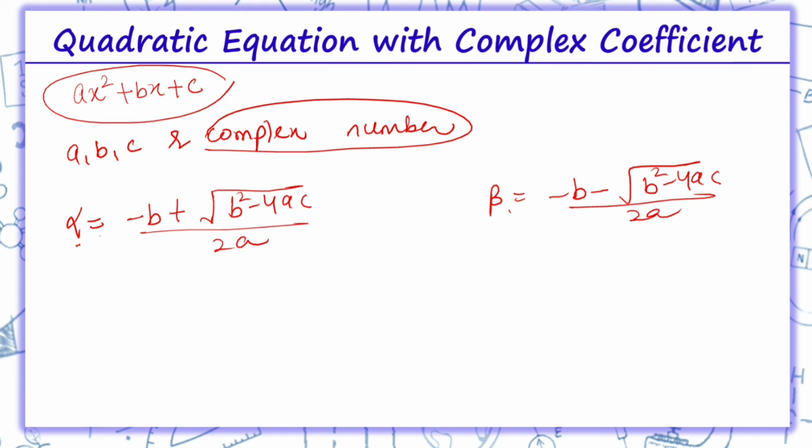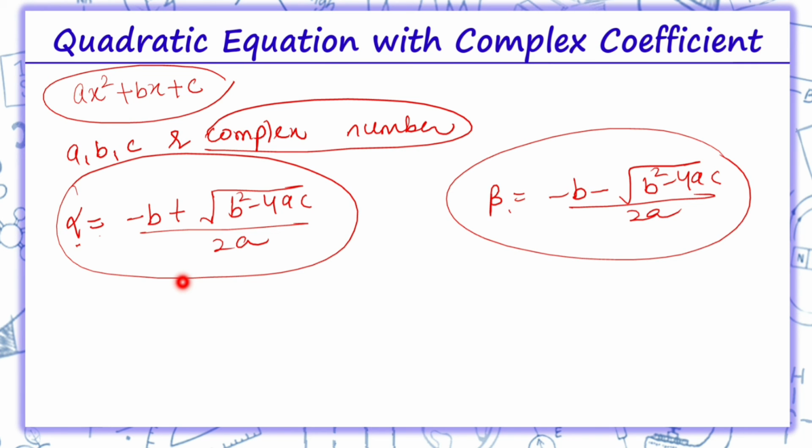Since they have complex coefficients, their roots will not be conjugate to each other. So this is how we will find the values of the two roots alpha and beta. Now coming on to the question.